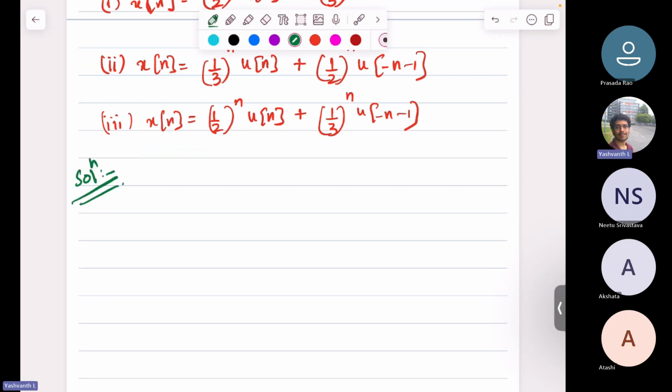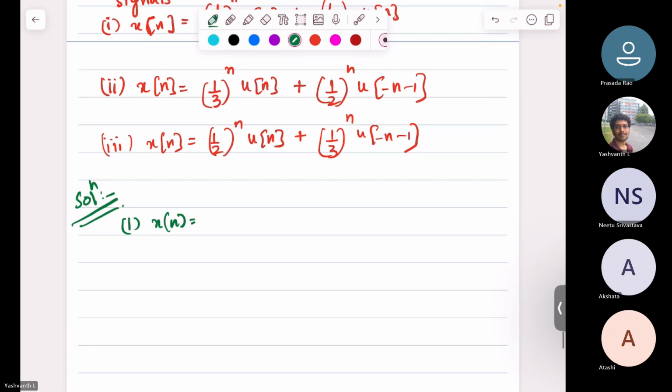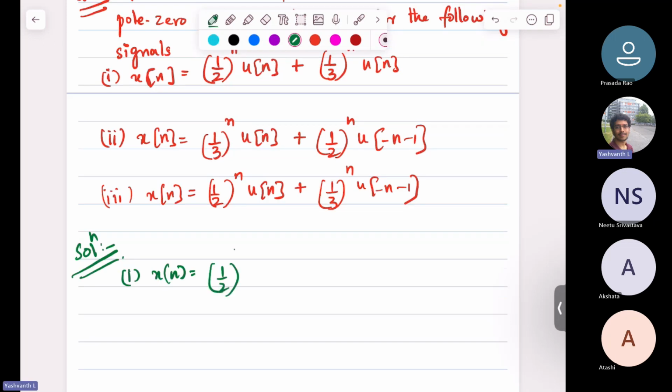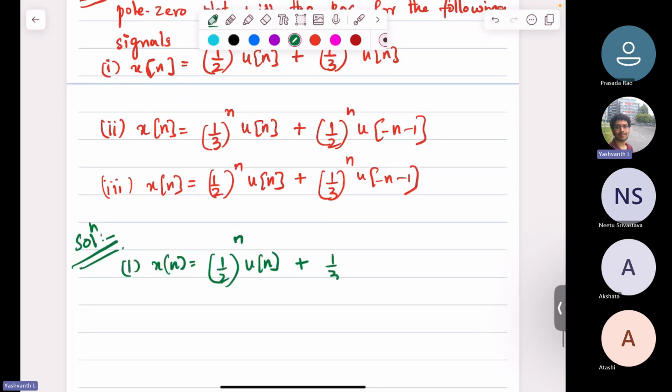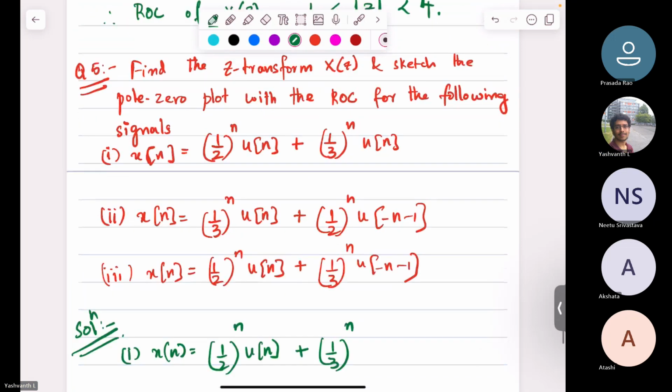Let's take the first signal, x of n equal to half power n into u of n plus 1 by 3 power n into u of n.